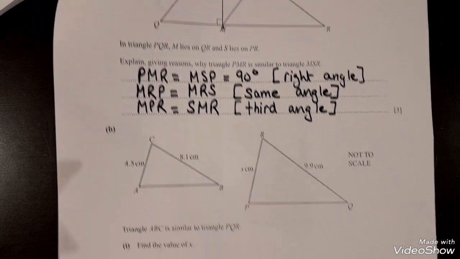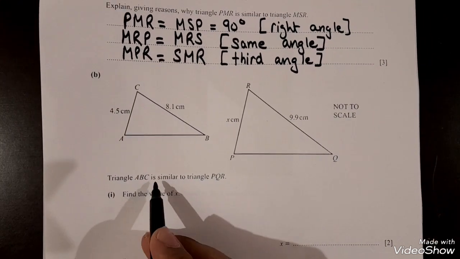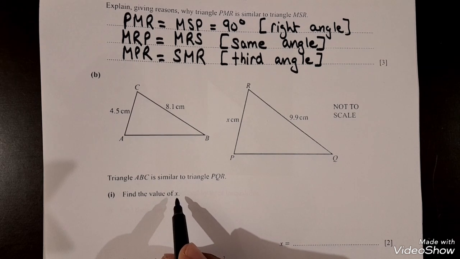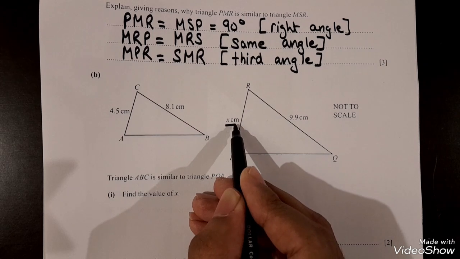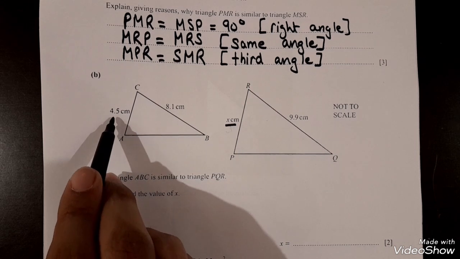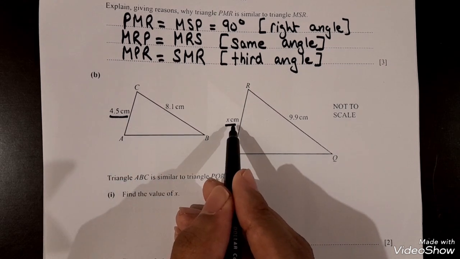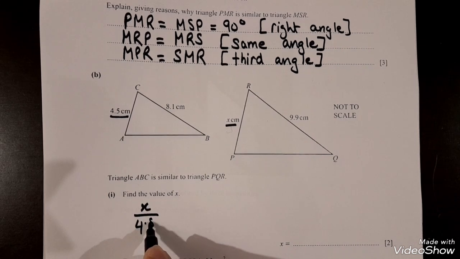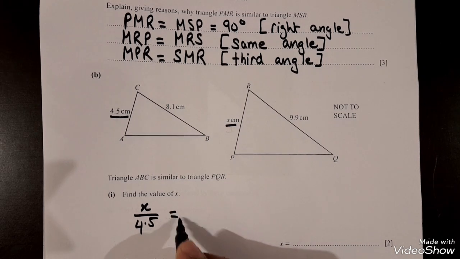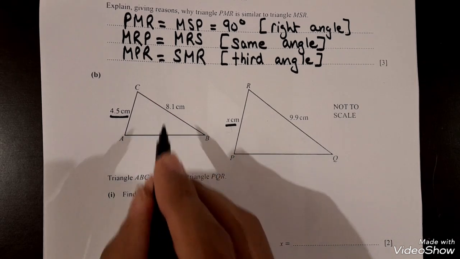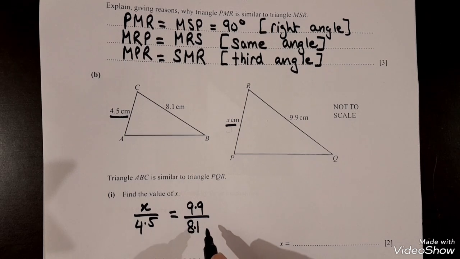Then over here part B states triangle ABC is similar to triangle PQR. Find the value of x. We have the length of triangle ABC over here, and over here it is unknown. So we'll write unknown divided by 4.5 is equal to this length, which will be on top, 9.9 divided by 8.1.